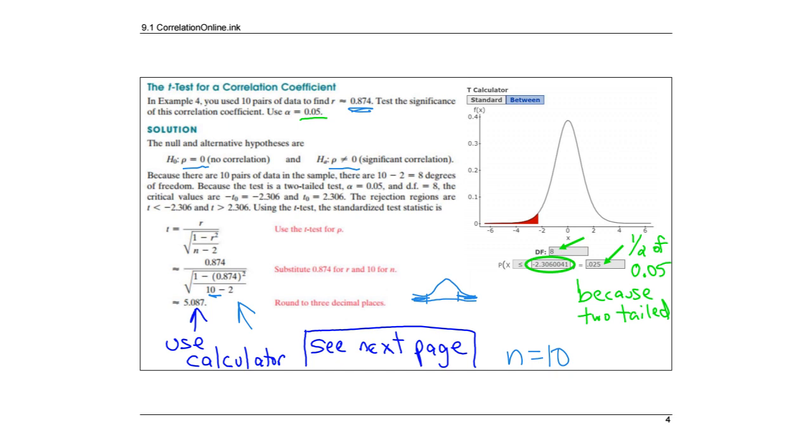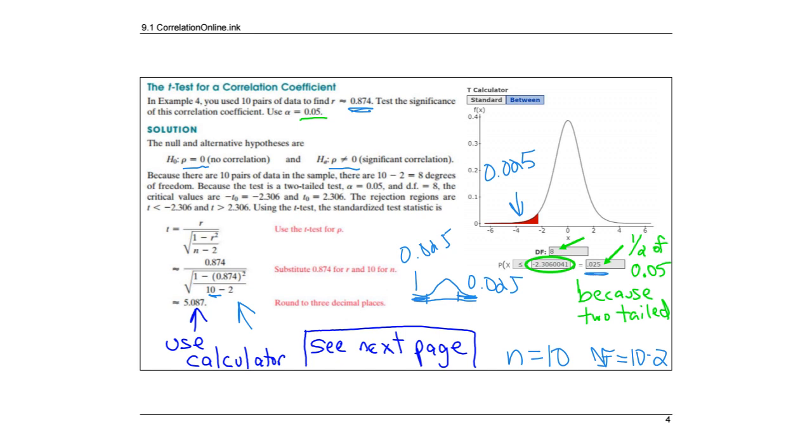That means I have to split each of these up and put 2.5% in each end. And so that's why when I went to do the T calculator to get my critical values, the area here is 0.025. I had to put my degrees of freedom here. Remember, degrees of freedom for this is n minus 2, so it would be 10 minus 2 or 8.